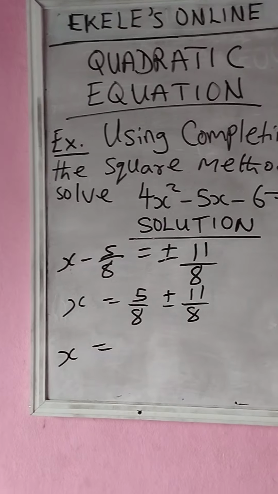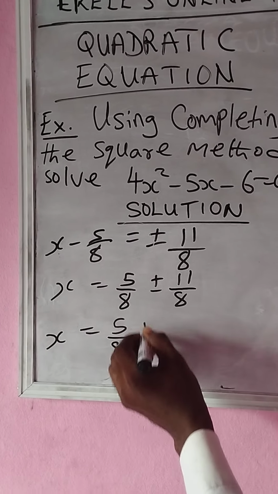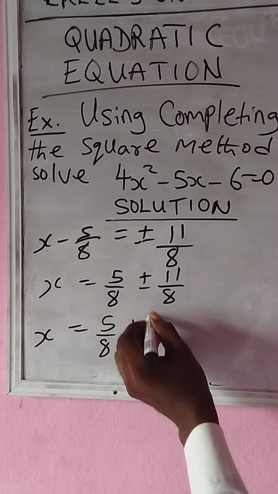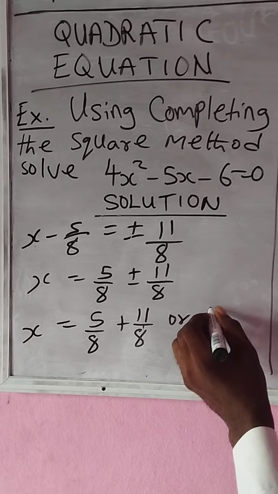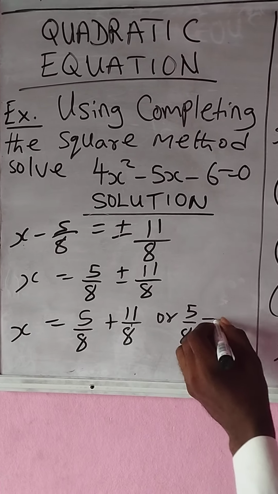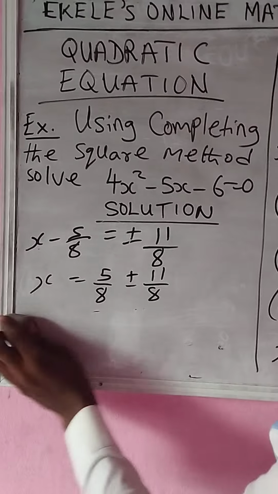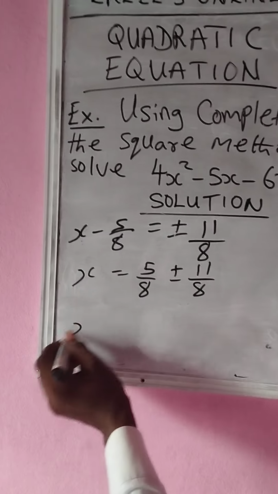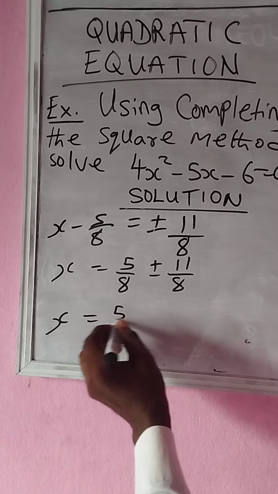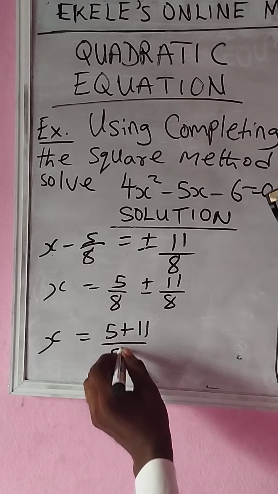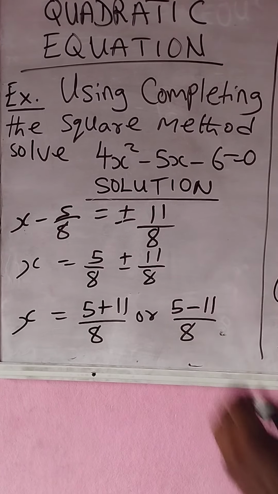x equal to 5 over 8 plus 11 over 8, or 5 over 8 minus 11 over 8. Or we can equally say from this point, x equal to 5 plus 11 over 8, or 5 minus 11 over 8.